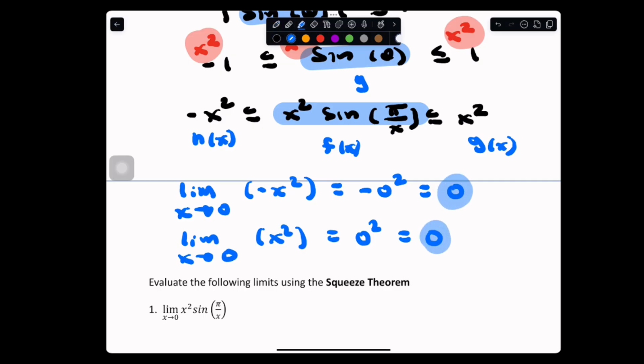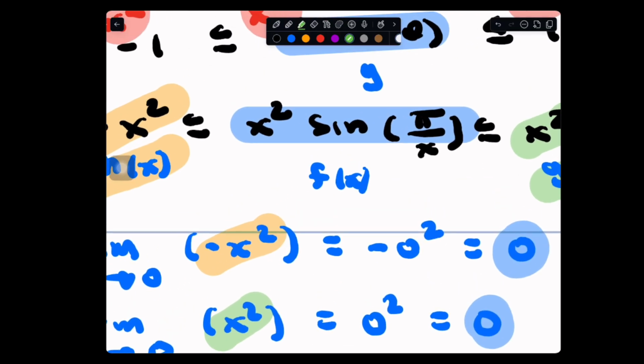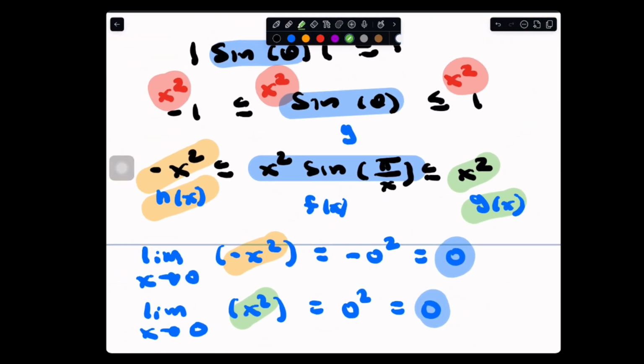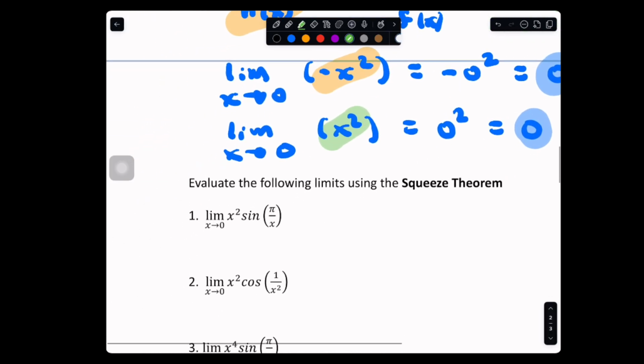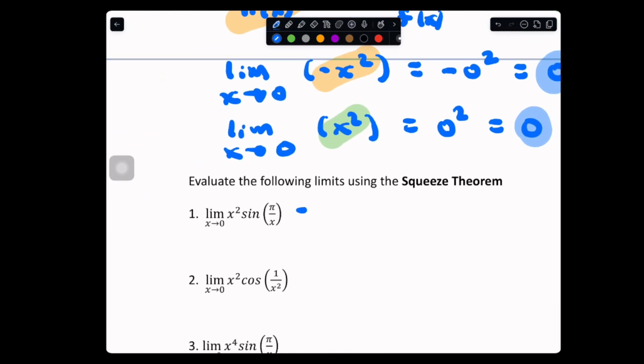So you found the limit of your h function and the limit of your g function, and they're both 0. What does that force the limit of f to be, since f is between h and g? That's also 0. So ladies and gentlemen, this also equals 0.